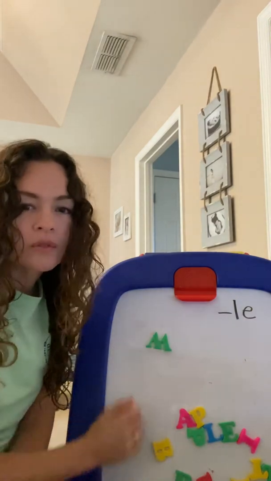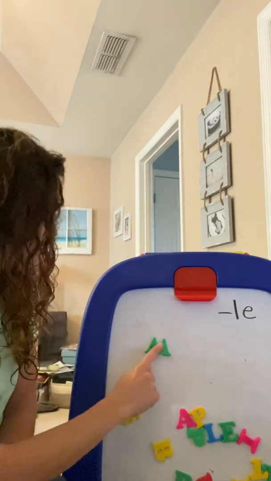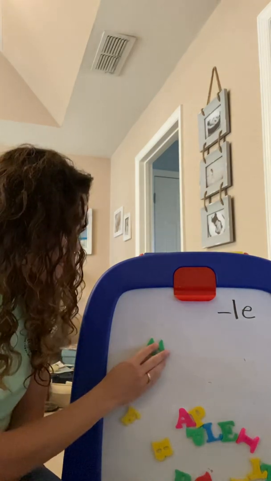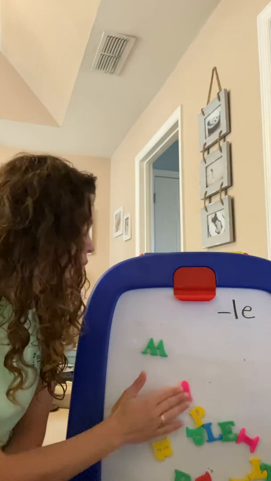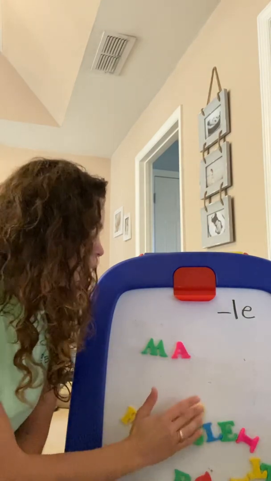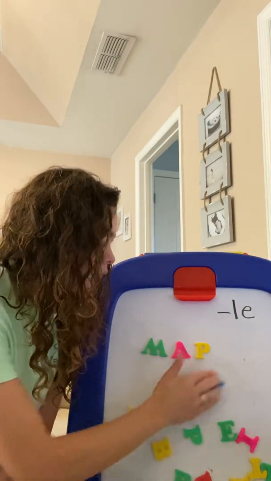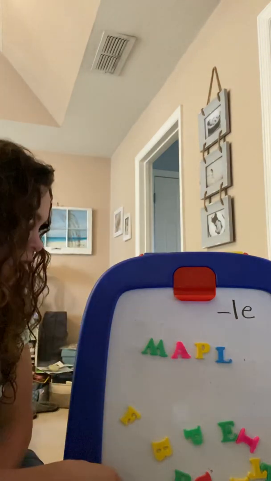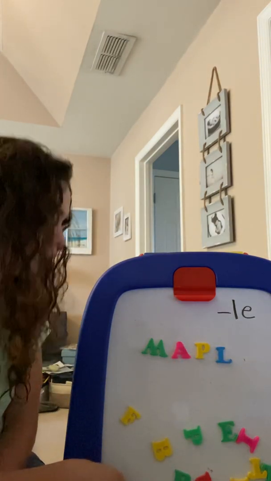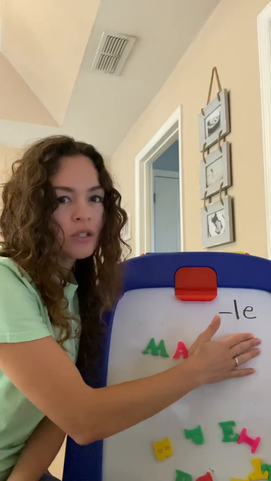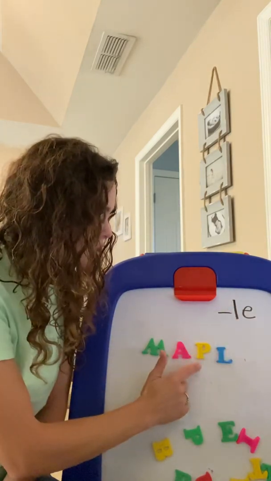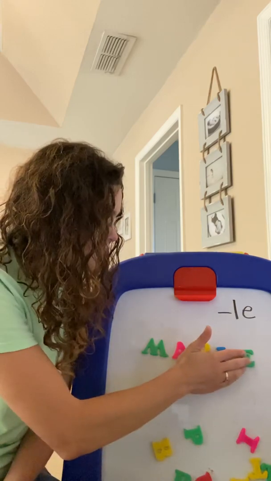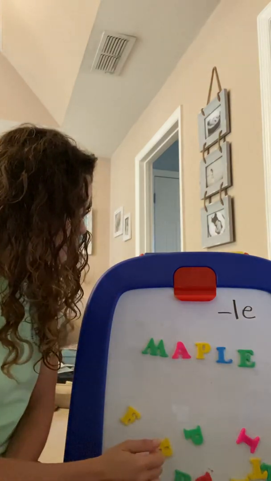My kiddos have lost an M, so I'm using an upside down W, but there's my M. Help me out. Oh, those are all the sounds I hear. But I know my new syllable type, consonant L-E. I need this E here at the end.